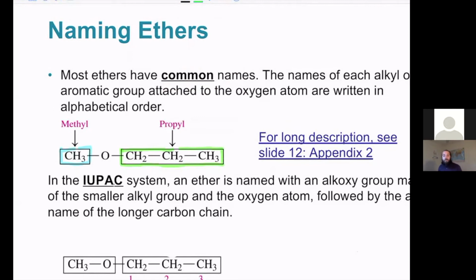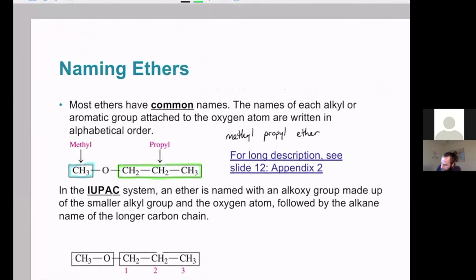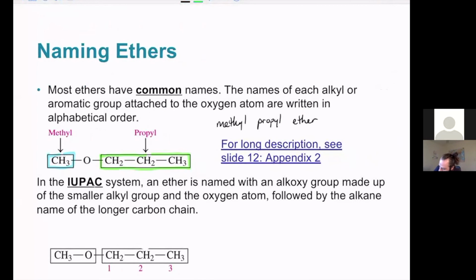For my common name, I'm just going to take those two substituents and put them in alphabetical order: methyl propyl ether. And there actually is a space in between these substituents. Usually we don't put spaces, but in the case of naming ethers, we do. So methyl propyl ether in this case. We can do another one, another simple example.